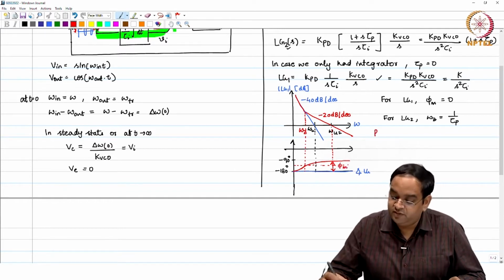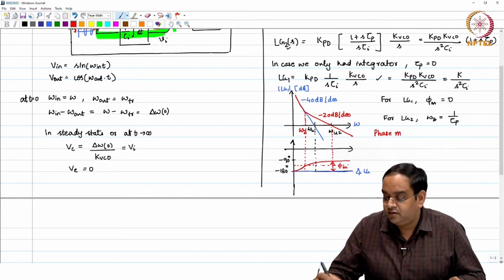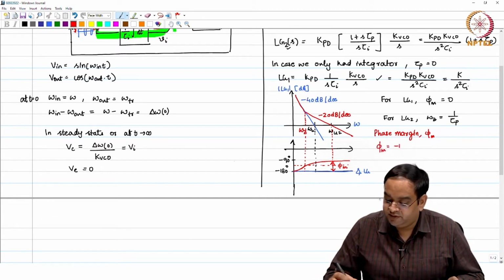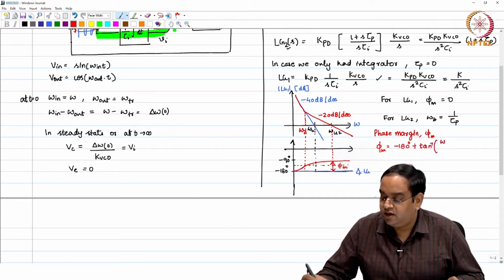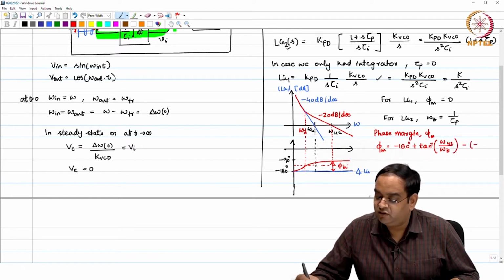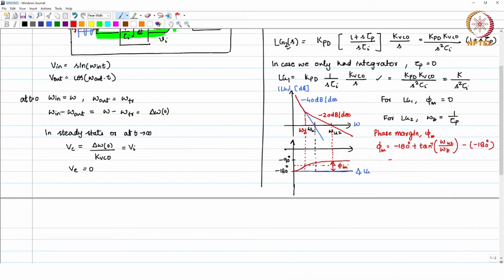Okay. So, phase margin in this case is equal to, what is this phase value? This phase value is minus 180 degree plus tan inverse of omega u 2 by omega z, minus of minus 180 degree, which is nothing but tan inverse of omega u 2 by omega z.